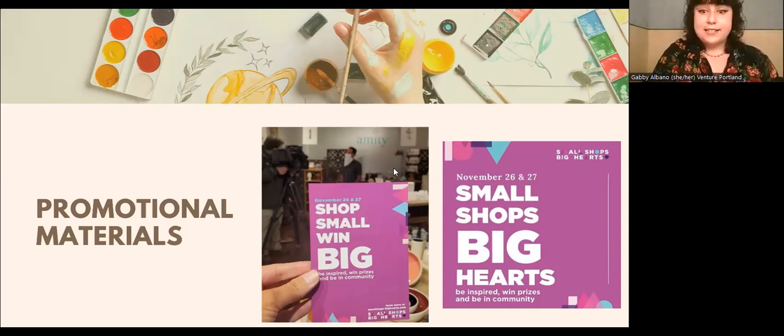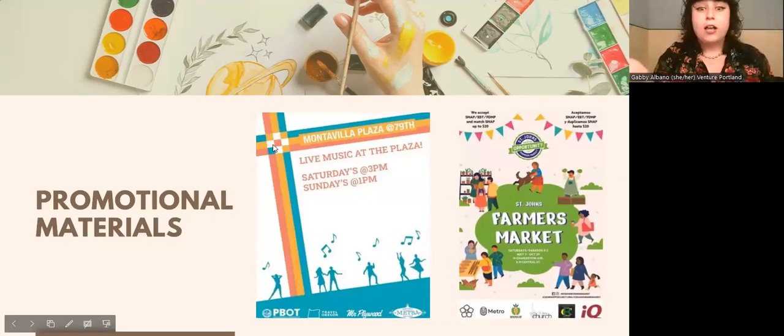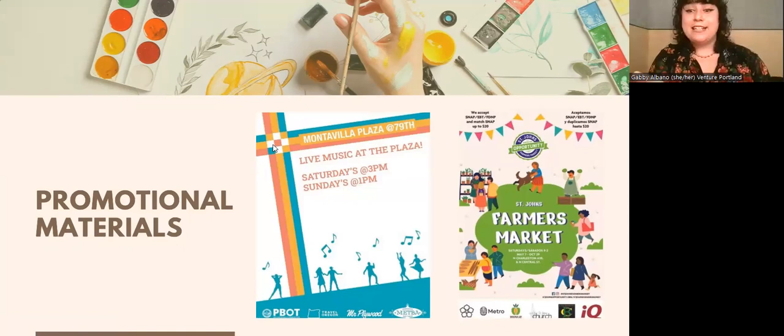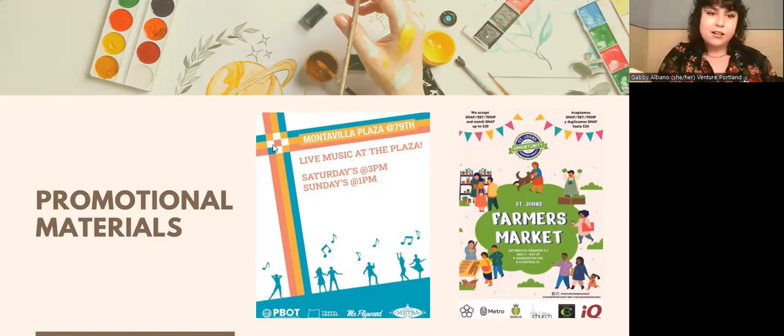So our next examples come from our community as well. I've picked a flyer from the Montavilla Business Association. And also I picked the upcoming St. John's Farmers Market. This one, I believe, is their most recent flyer. Feel free to correct me if I'm wrong, St. John's, but the Montavilla one is from a previous event.